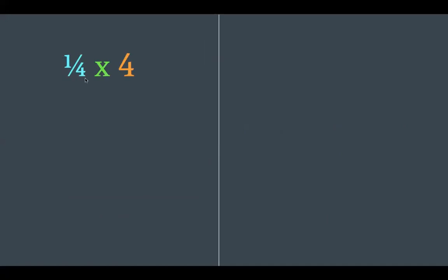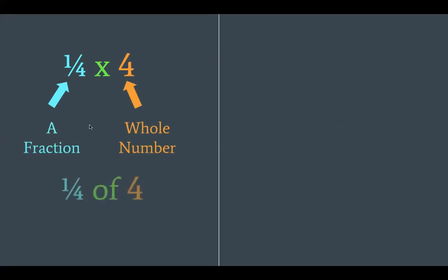When we multiply one fraction by a whole number, we have a way that we want to talk about and how we want to think about these equations. So instead of saying 1/4 multiplied by 4, we want to think of it as 1/4 of 4.